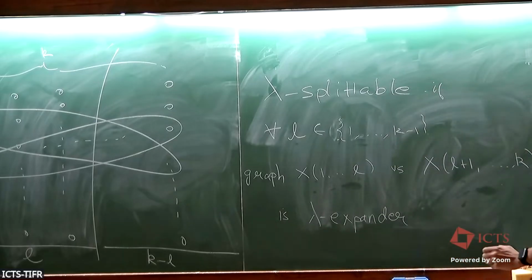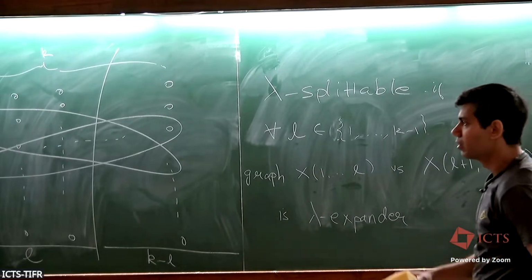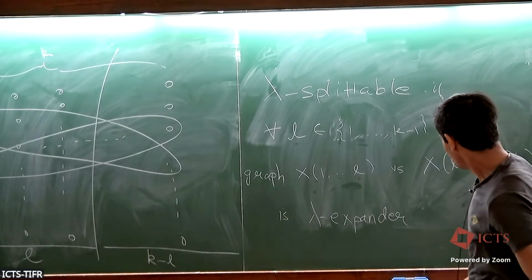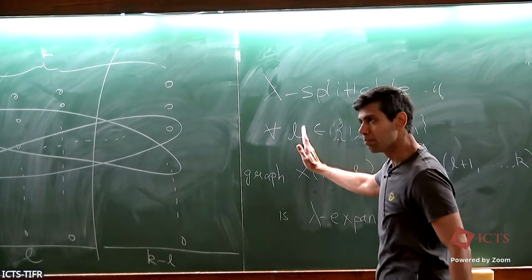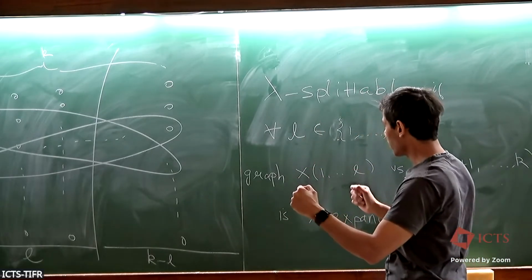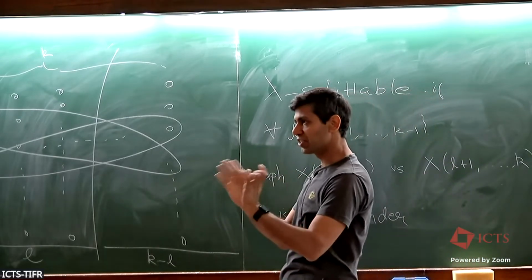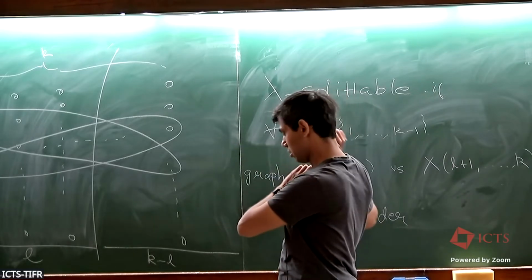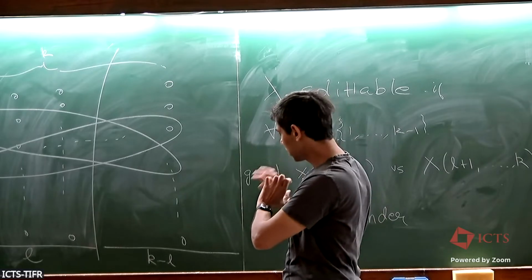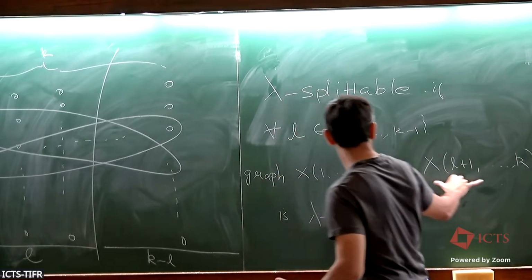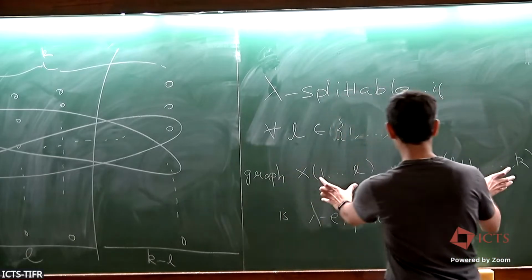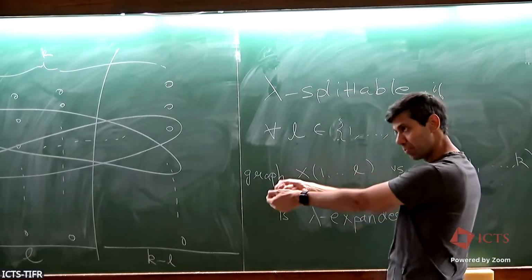Okay, very good. So once I split it at L, it's a bipartite graph. One side of vertices are first L coordinates for each hyperedge. The other side is last K minus L coordinates for each hyperedge. Okay, and there is an edge if this pair together participate in the same hyperedge, right?